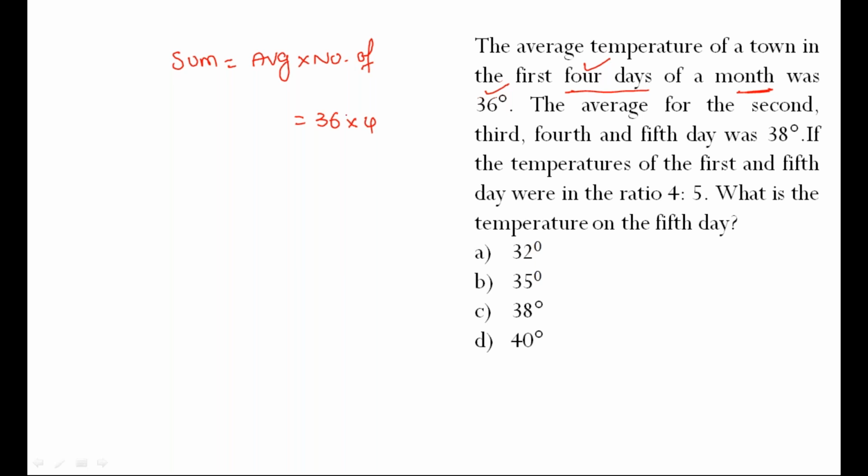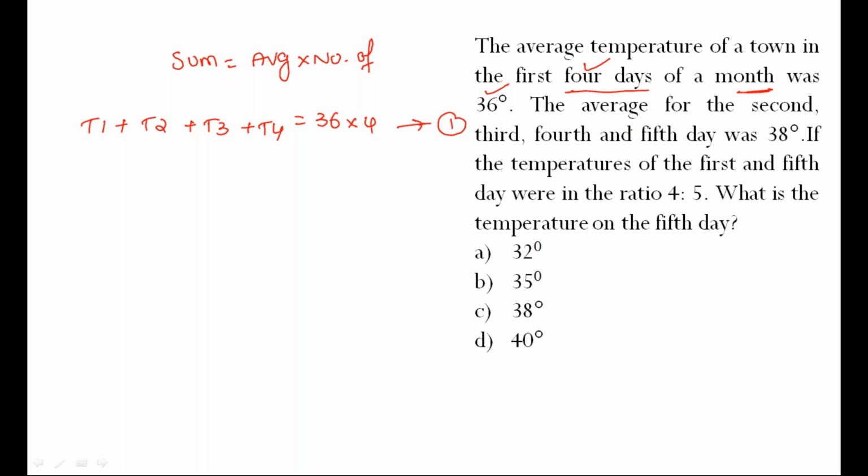The sum is the first day temperature, second day temperature, third day temperature, and fourth day temperature. If you add all this, it equals 36 into 4. Let's consider this as equation 1.